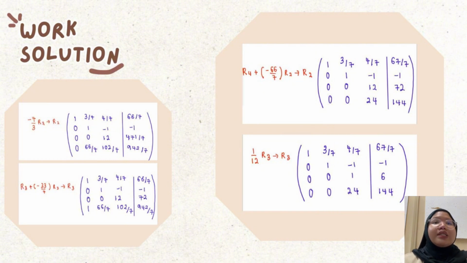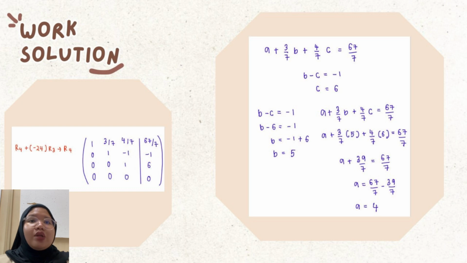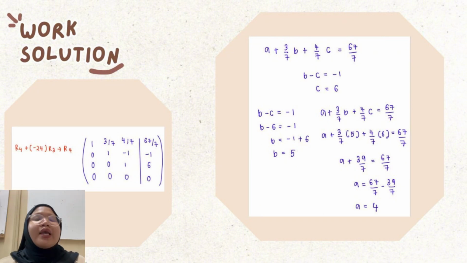Afterwards, we scale the third row by 1/12 to make its leading coefficient 1 and eliminate the third column entry in the fourth row by subtracting 24 times the third row from the fourth row, resulting in a row of zeros. At this point, the matrix is in row echelon form and we use back substitution to find the values of A, B, and C.